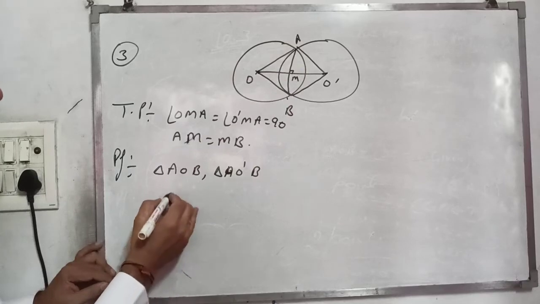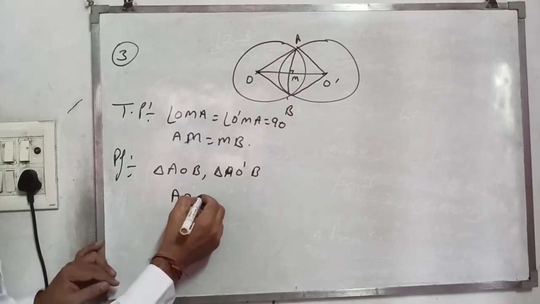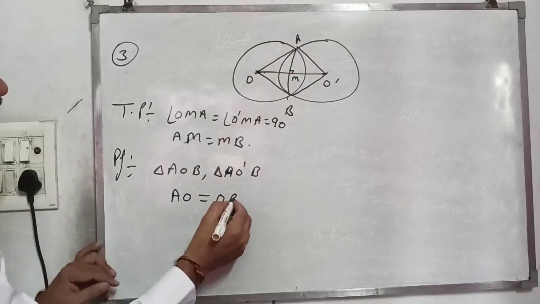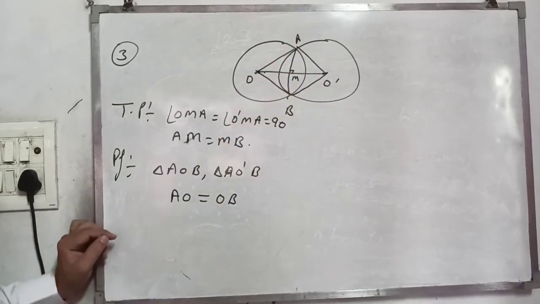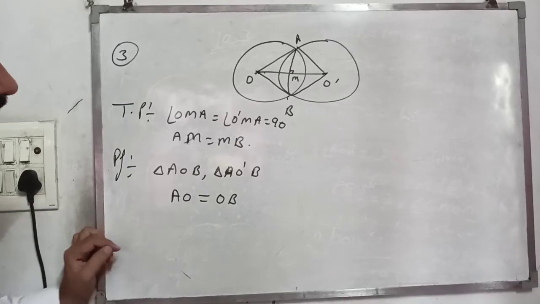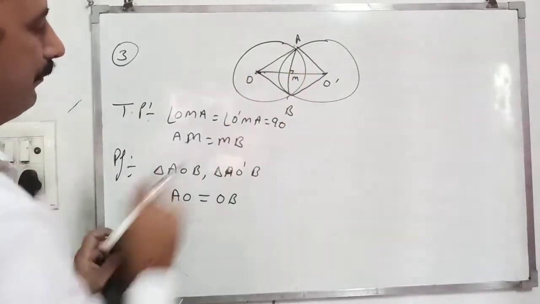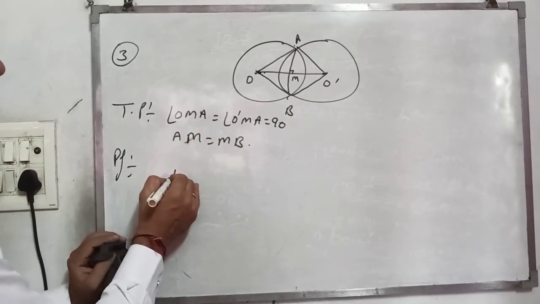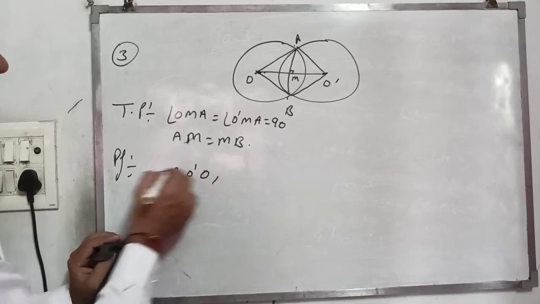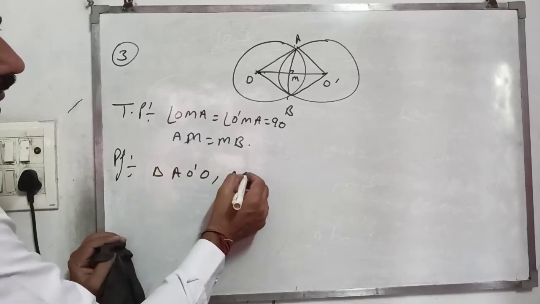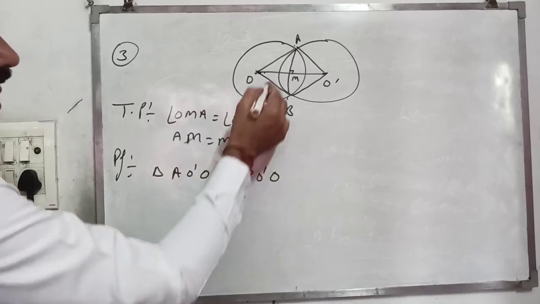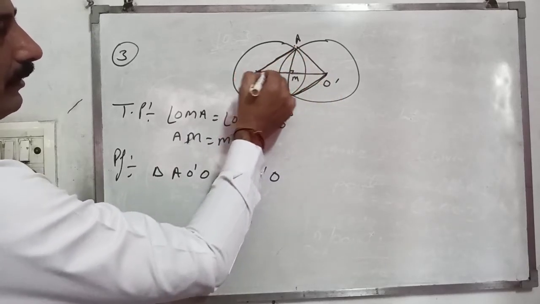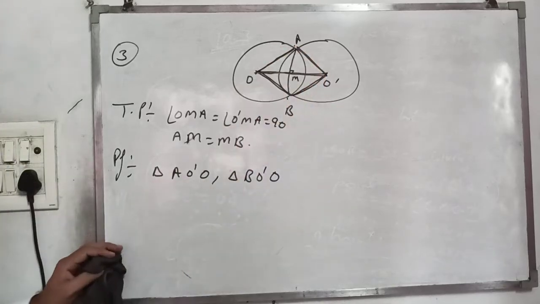By this we can say OA equal to OB, because that is the radius. We can use these two triangles, triangle AO'O and triangle BO'O.